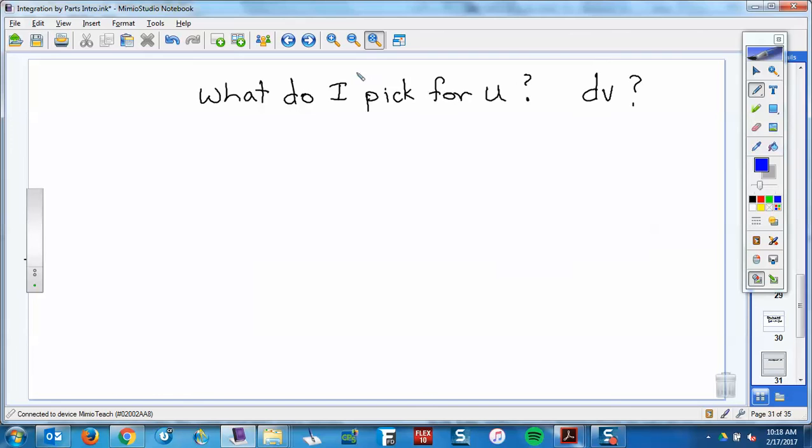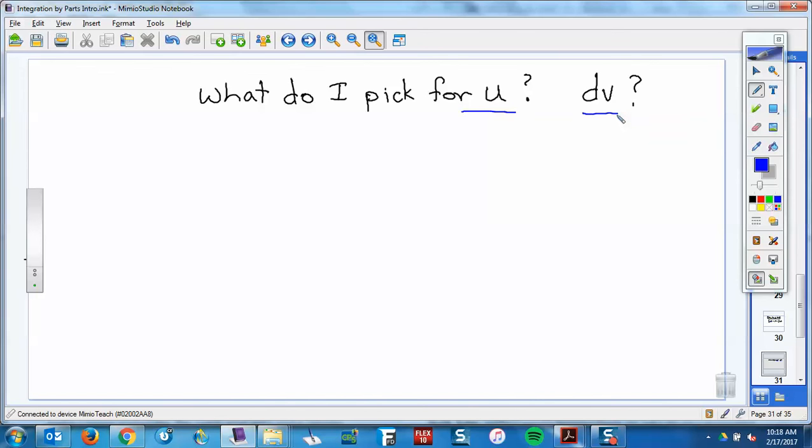Now, how are we going to pick our u? Whatever we pick for our u, we're going to have to be able to do du, the derivative. So we're going to want something that's easy to do the derivative of. Well, it turns out we can do the derivative of about anything, so that's probably not the most important consideration.